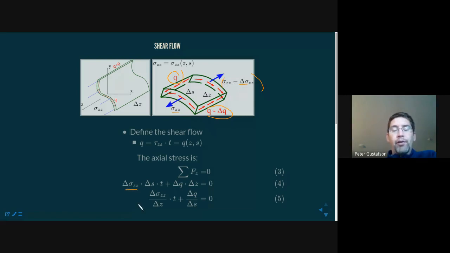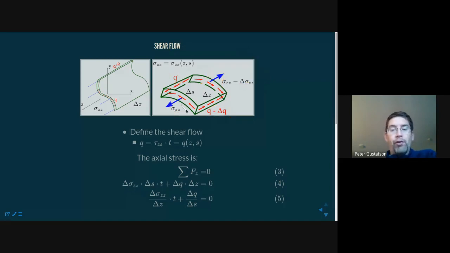So we have plus delta sigma ZZ times its area, because we need forces. So what is its area? Well, there's a differential length delta S in that direction, and there's a thickness in this direction. So that is now an area term: delta sigma ZZ, delta S times T. This now becomes a differential force, positive in the Z direction. That takes care of the normal forces.